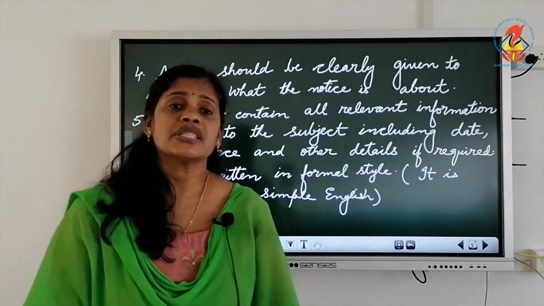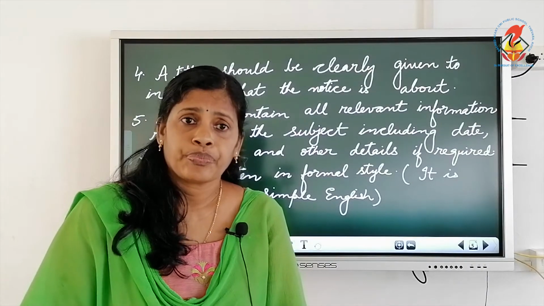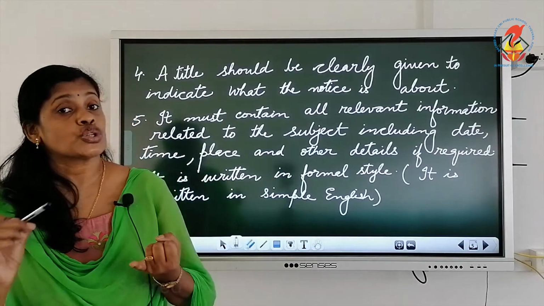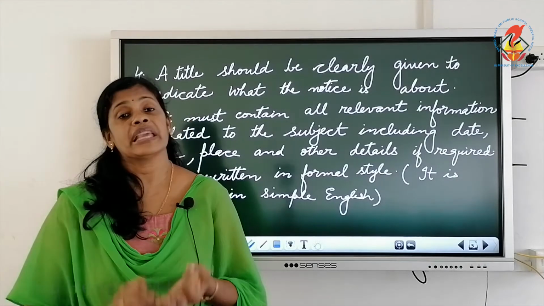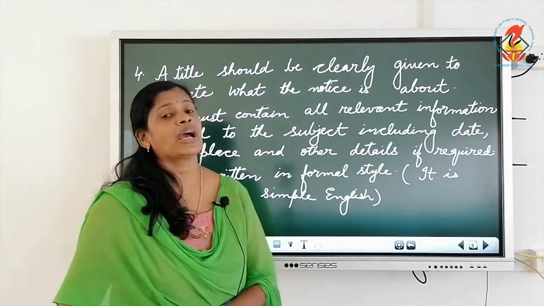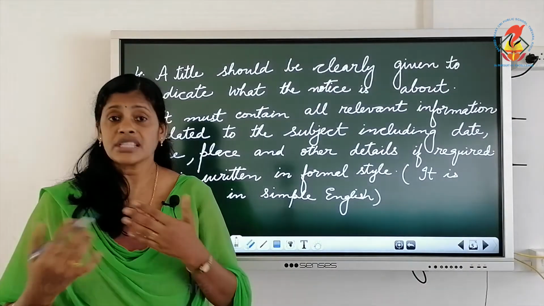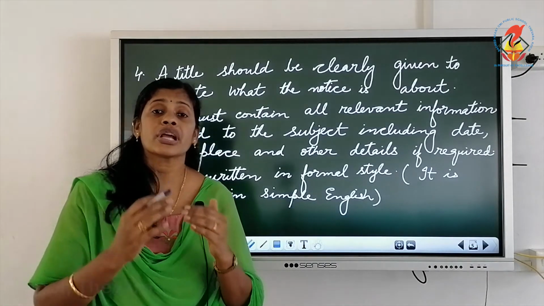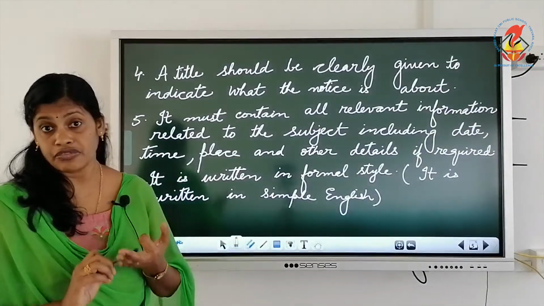Imagine you are having a cricket tournament. You should write when the cricket tournament is held, what time it will be held, where it will be held and other details required, such as which students can participate, from standard 10 onwards or standard 6 onwards. So you should give all required information. The date, time and place are very important.